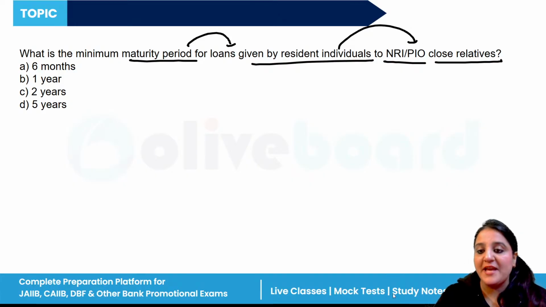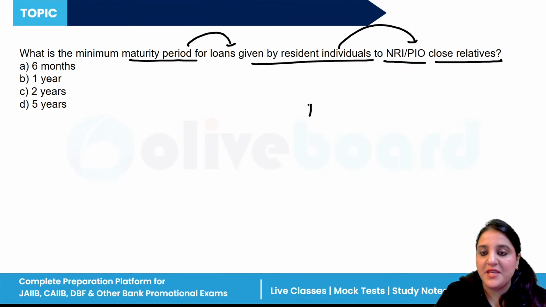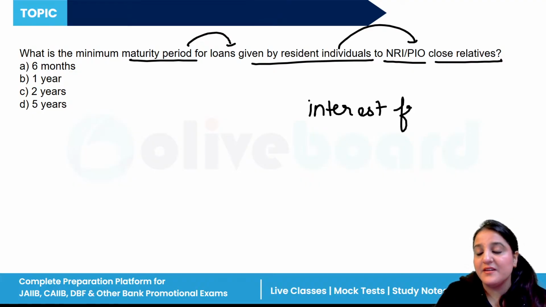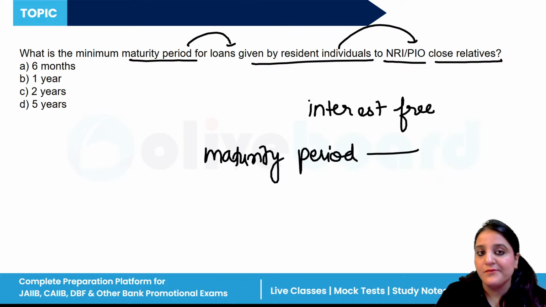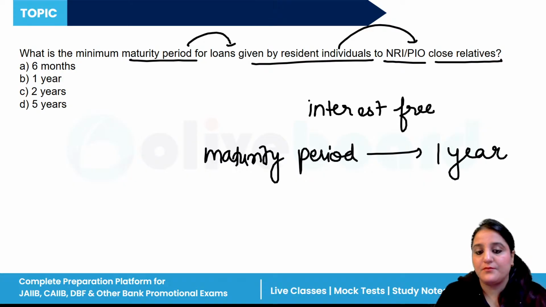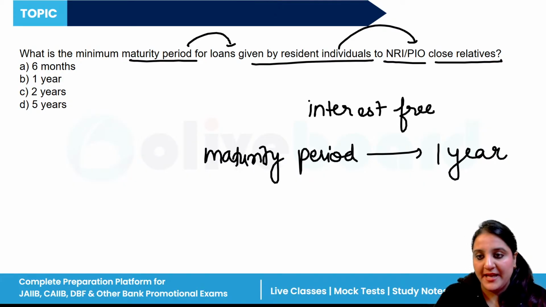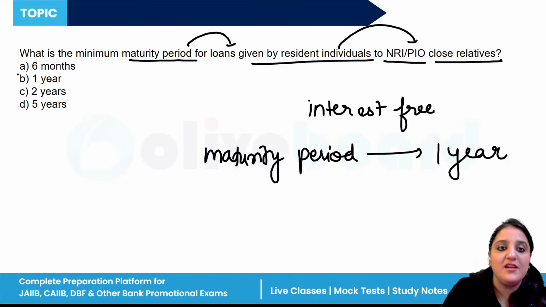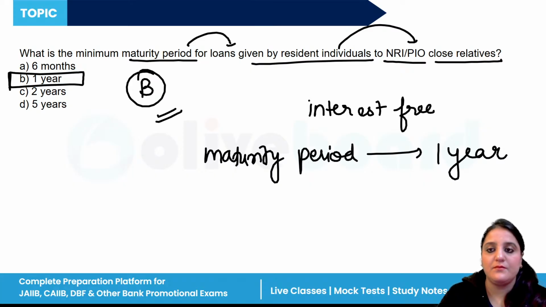But such loans must be interest free and must have a maturity period of 1 year. The loan should be given by way of cross-border remittance through the banking channel. So the answer here is 1 year. Option B is correct.